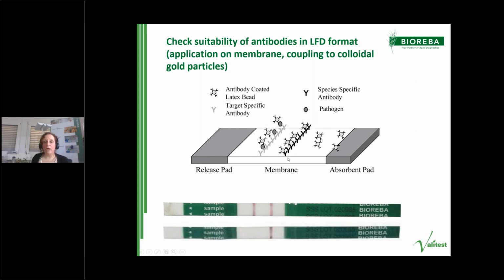In the control line, you have a species-species interaction of antibodies, and there's always an overload of antibodies or gold labeled with antibodies. So this line will always appear. So an antibody that is used for a lateral flow test needs to be membrane compatible, and also you need to couple gold particles, and still the accessible sites for the pathogen have to be still there.